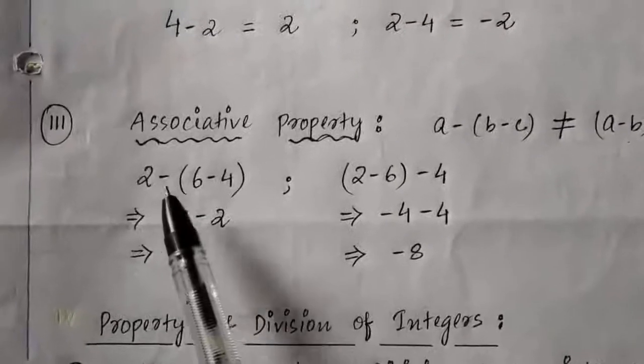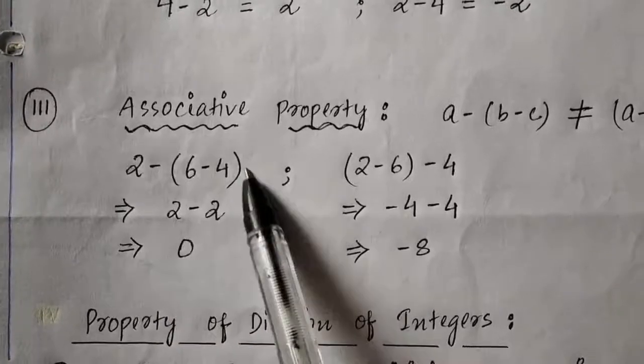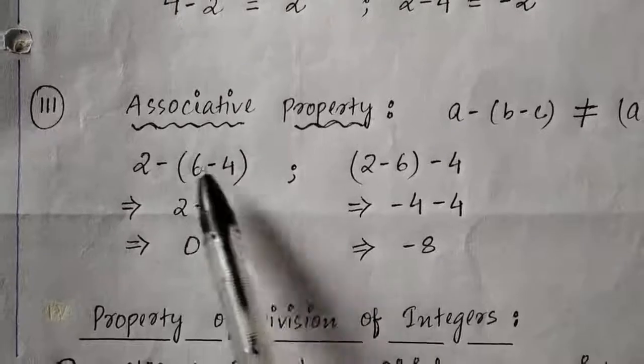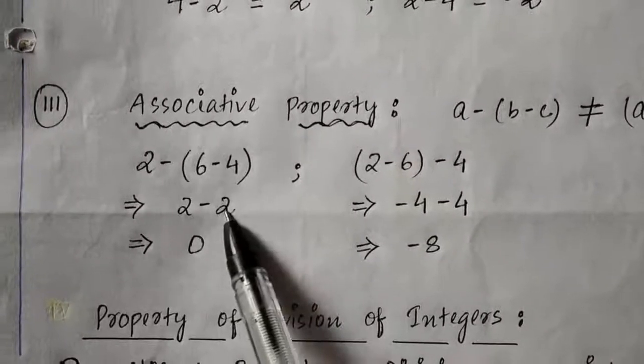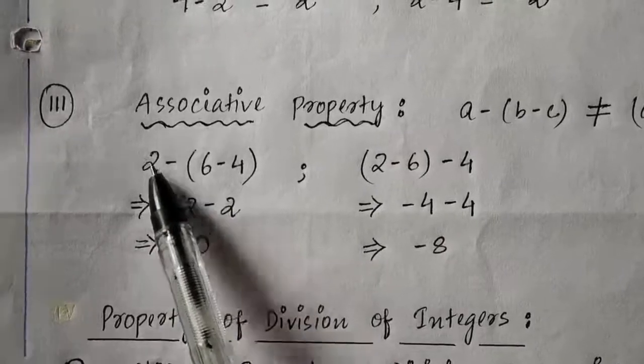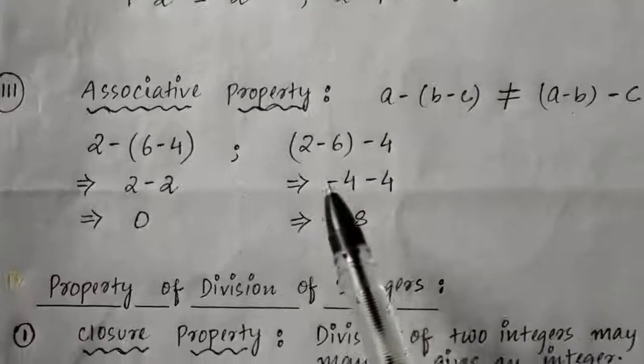Let us see one example. I have taken three integers, 2, 6 and 4. First I do the subtraction of 6 minus 4, I get 2, and then I subtract that from 2 outside the bracket, that is 2 minus 2, and I get 0 in this case.